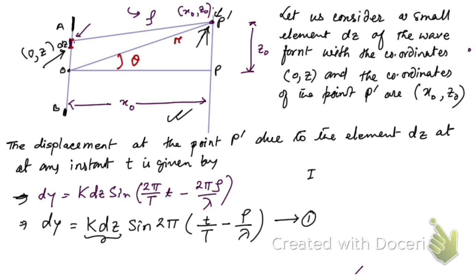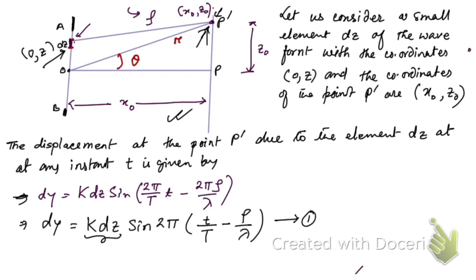So from this element dz, more than one wave goes to the point P dash, and due to the superposition of these waves there must be a resultant amplitude. This amplitude is directly proportional to the element dz, so to make it equal, we need a constant. That constant is k, right? Hope you have understood this.